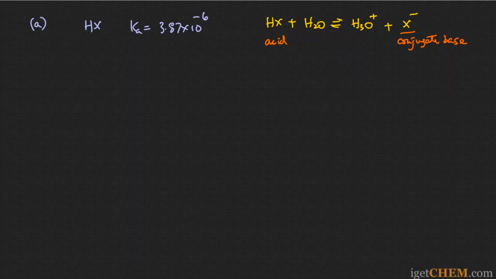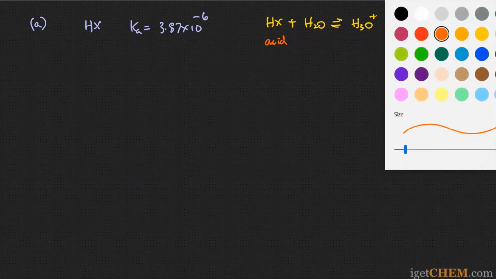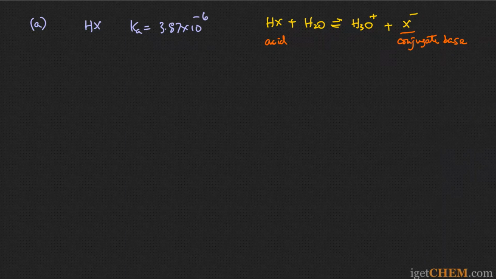So let's look at the reaction in which X minus is acting as a base. So let me just write that down. So we want to calculate Kb. So let's figure out what X minus does in water. As a base, X minus will abstract a proton from water molecules, turning them into OH minus and itself becoming HX.